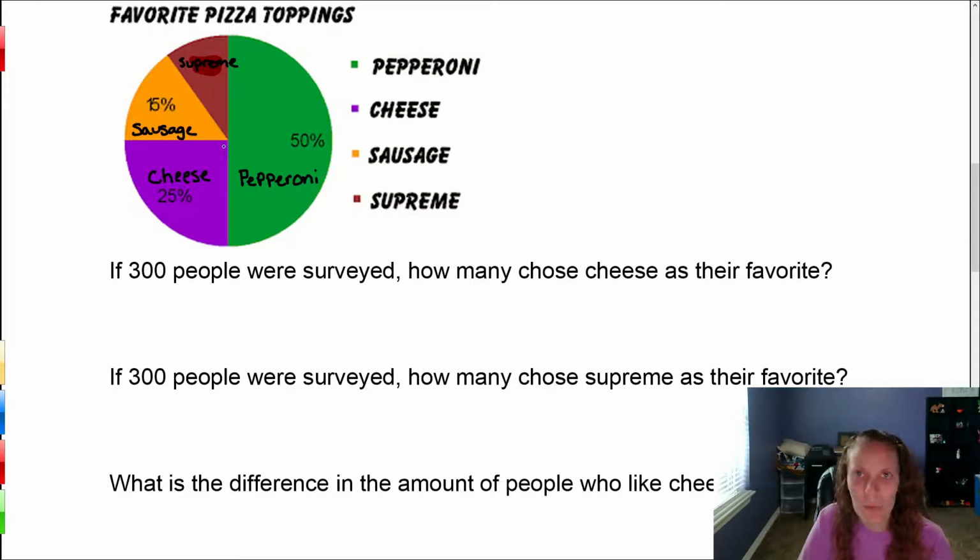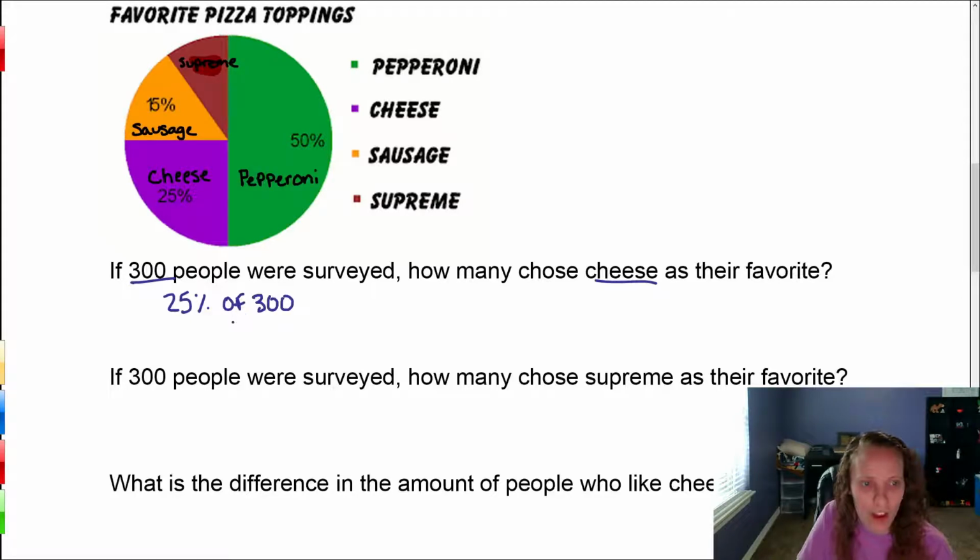Well, this time we have the percent, and now we're wanting to find the actual number, so it's backwards from what we have been doing with the bar graph. We're wanting to know out of the total, how many chose cheese. If you look at the circle graph, cheese is 25%, and we want to know what is 25% of 300.